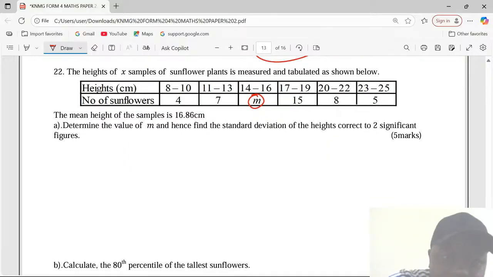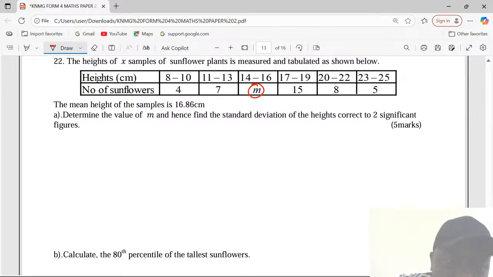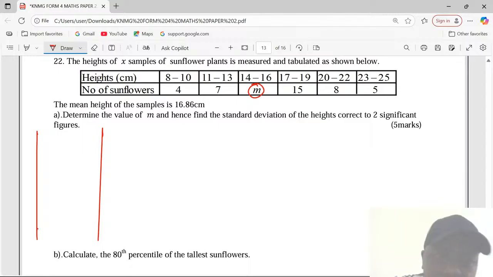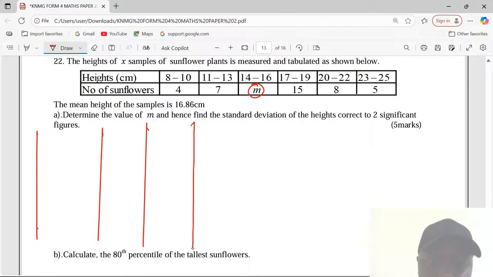So we can have the heights in classes. Then we have their frequencies, then the midpoints, then frequency times midpoints, so that we may talk about the mean. Anything else that needs to be calculated shall be brought on board as we continue.